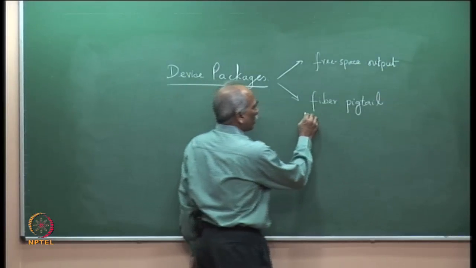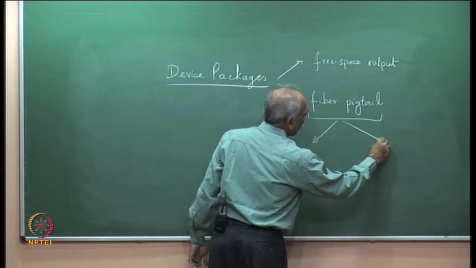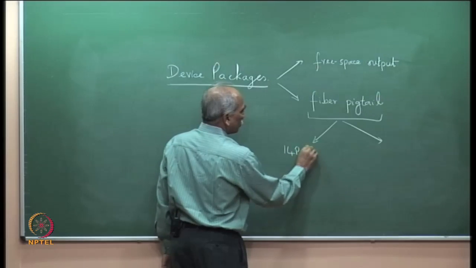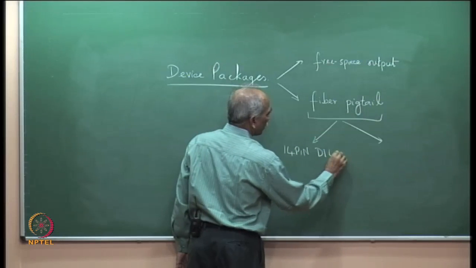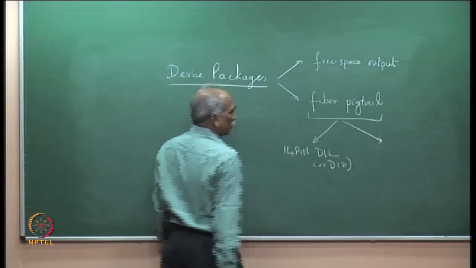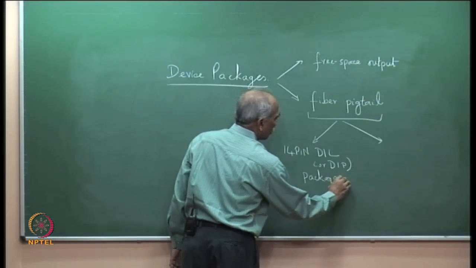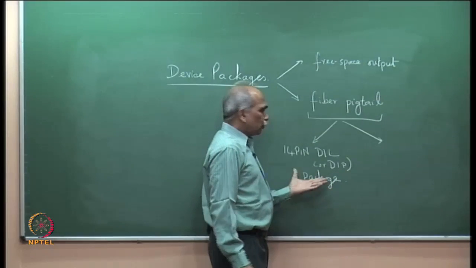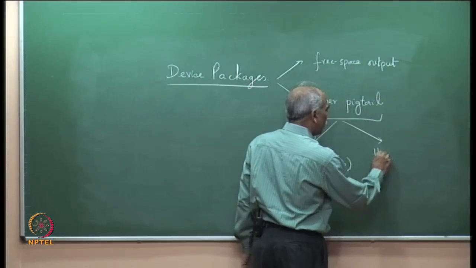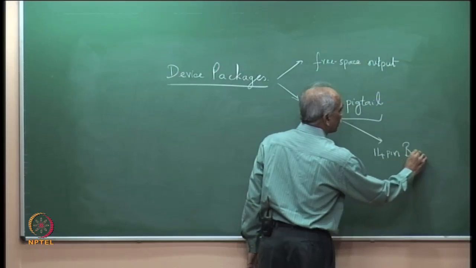For the fiber pigtail output, there are two specific packages here. One is called the 14 pin DIL, dual inline, or sometimes DIP, 14 pin DIL package, usually for low power applications, and for high power applications it is invariably the 14 pin butterfly package.